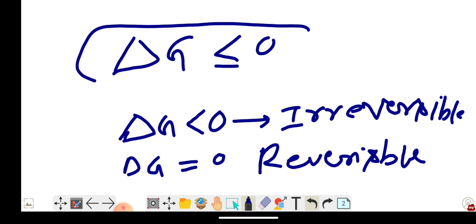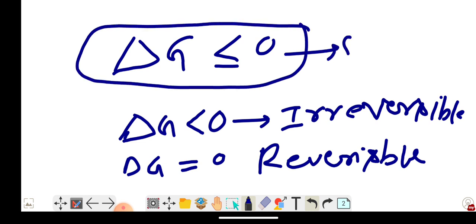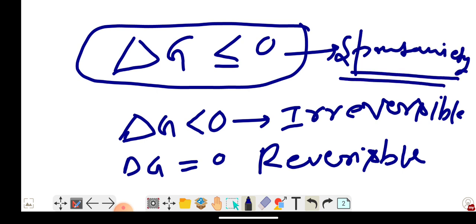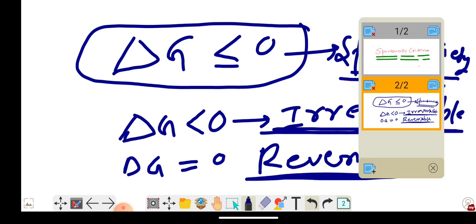But this whole criteria represents the criteria for spontaneity. So this is a spontaneous irreversible process and this is a spontaneous reversible process.